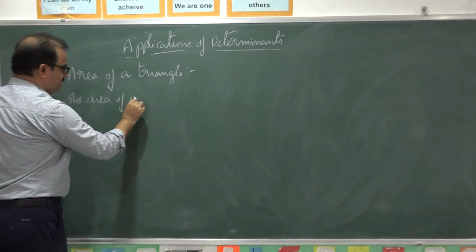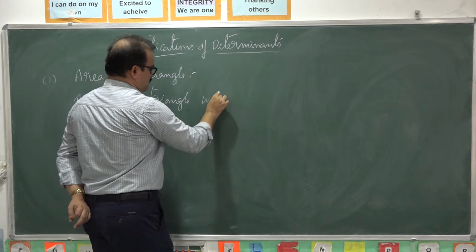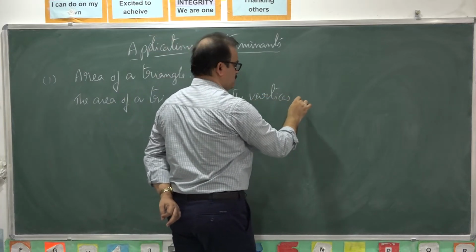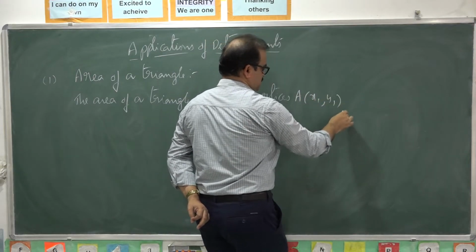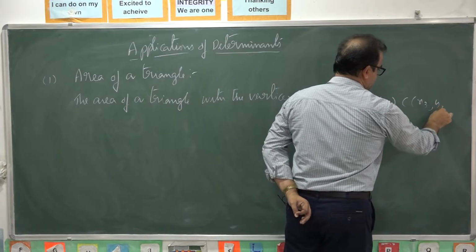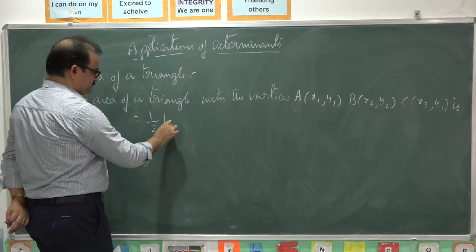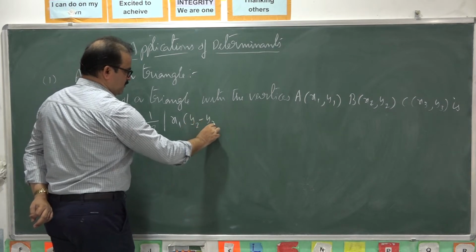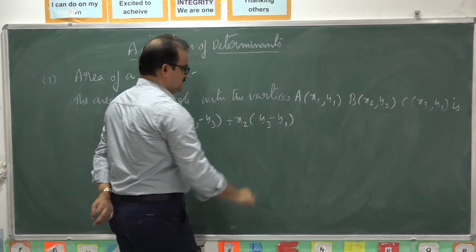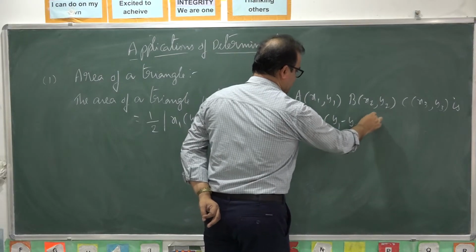The area of a triangle with the vertices A(x1, y1), B(x2, y2) and C(x3, y3) is equal to 1/2 into x1 into (y2 minus y3) plus x2 into (y3 minus y1) plus x3 into (y1 minus y2).